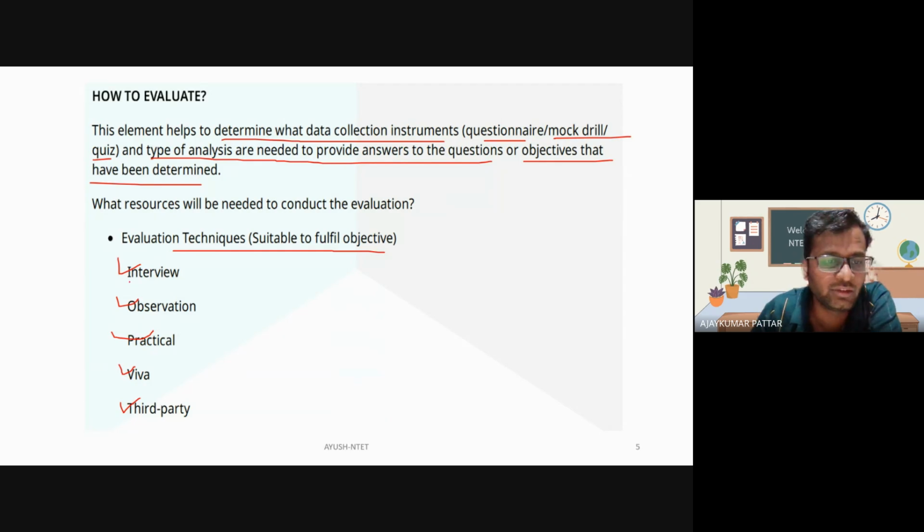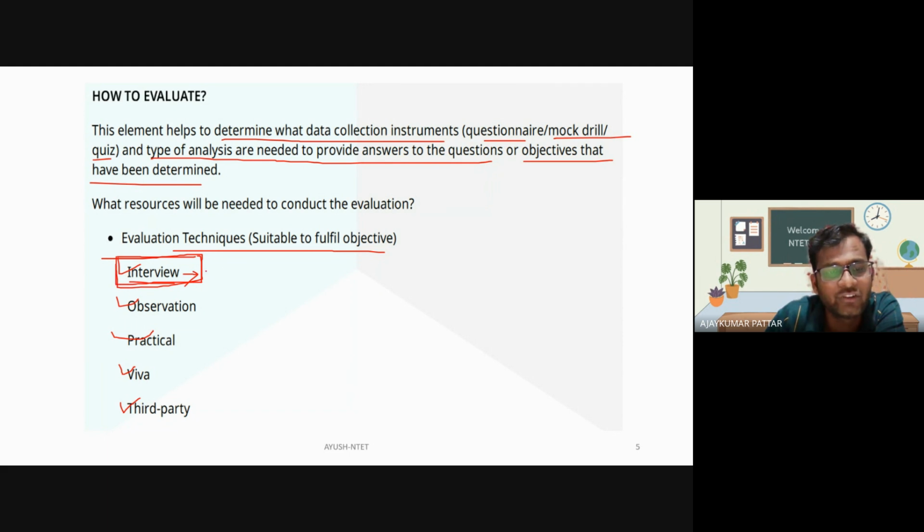So what is the meaning of interview? A face to face interview can be taken to evaluate that particular person or recipient's knowledge, or for other purposes; multiple purposes are there for evaluation.